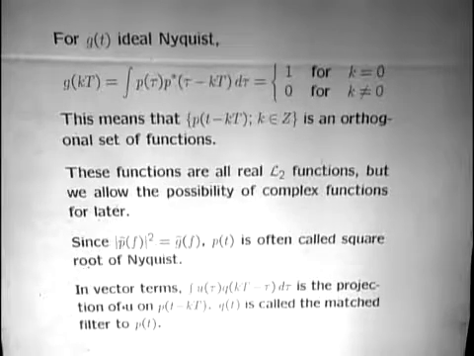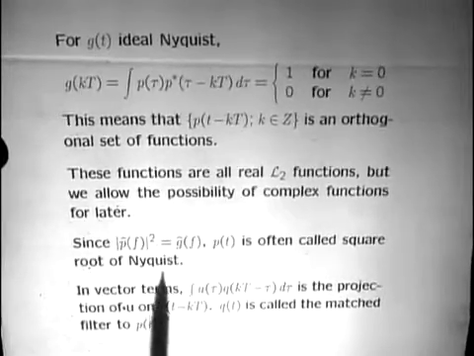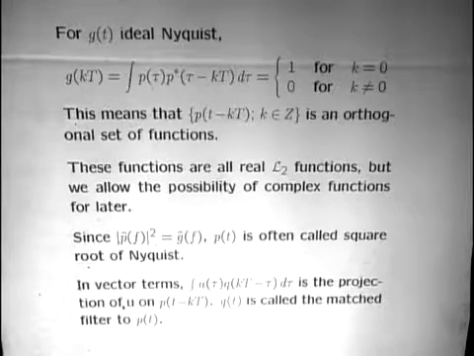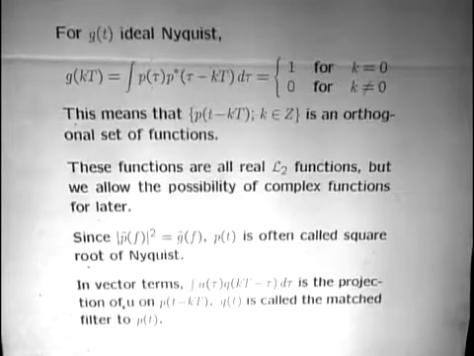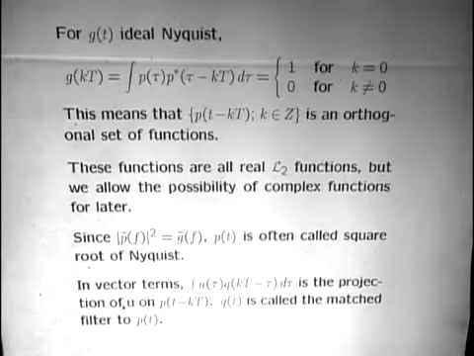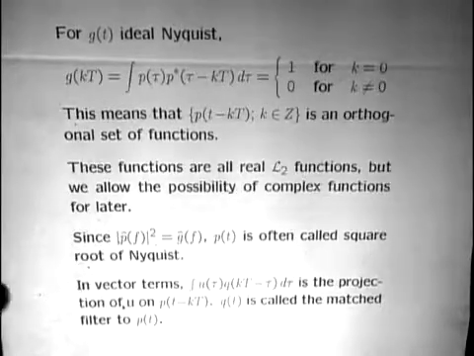Okay, so any way you look at it, we're going to use a pulse waveform p of t, which has this property that its shifts are all orthogonal to each other. When we start studying noise, you will be very thankful that we did this, because when you use pulses that are orthogonal to each other, you can break up the noise into an orthogonal expansion, and what goes on at one place is completely independent of what goes on at every other place, and we'll find out about this as we go.